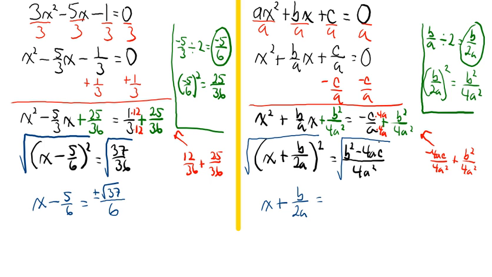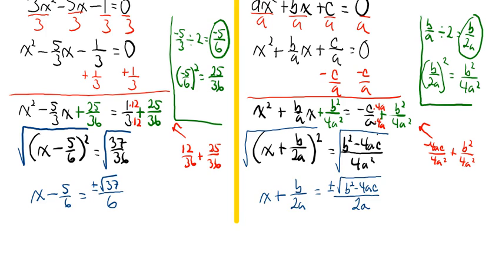On the right side, b squared minus 4ac may or may not have a nice square root. But the bottom does. What times itself equals 4a squared? 2a times itself equals 4a squared.